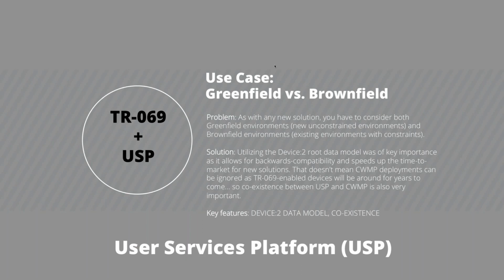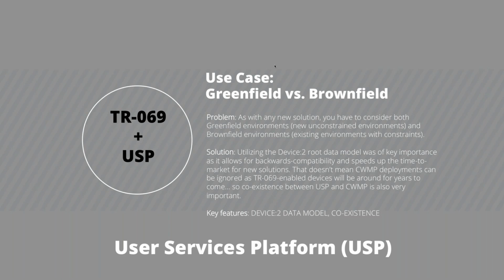All right, so down to the next use case here, which is greenfield versus brownfield. Any new solution has to consider both greenfield environments, where you're dealing with brand new environments, as well as brownfield, where you're looking at more existing environments with specific constraints.